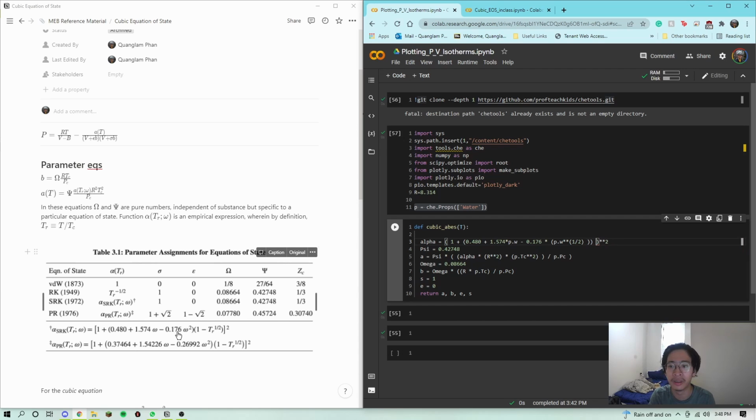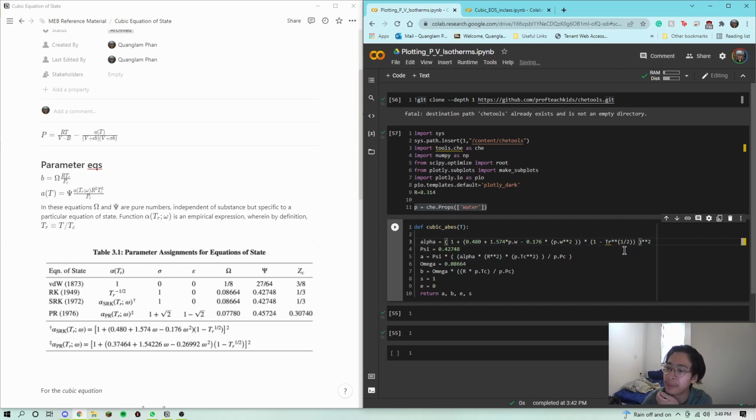That whole quantity times 1 minus TR raised to the 1/2. Oh, my apologies. This is not raised to the 1/2 power, it is squared. Squared, right? And it appears we have the correct number of parentheses.